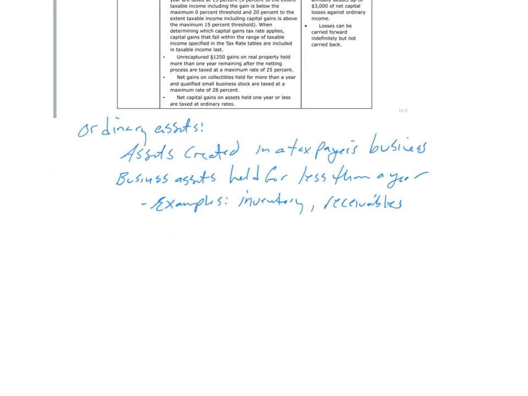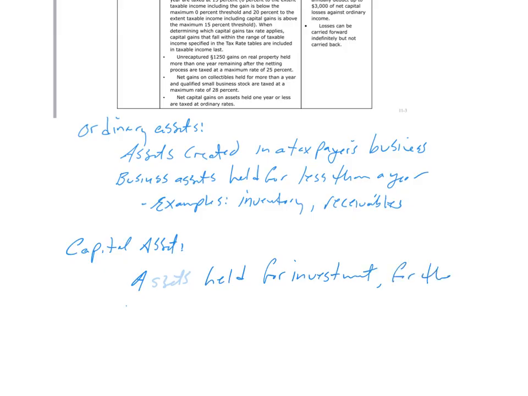And then we have things that are capital assets. And so remember that we have assets held for investment, for the production of income or for personal use.